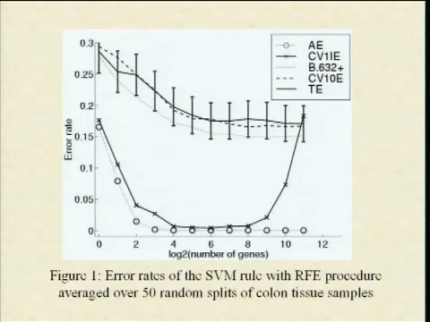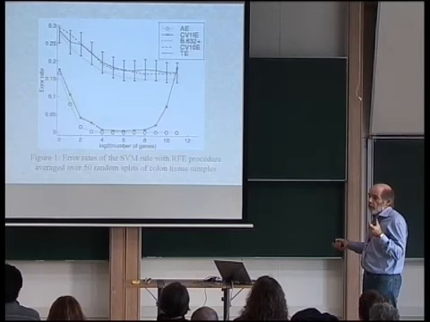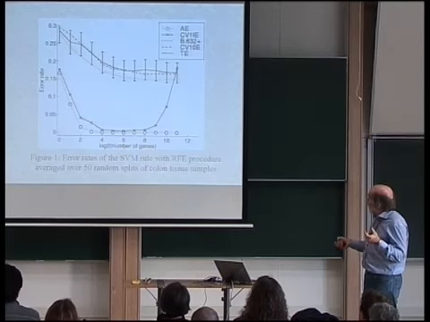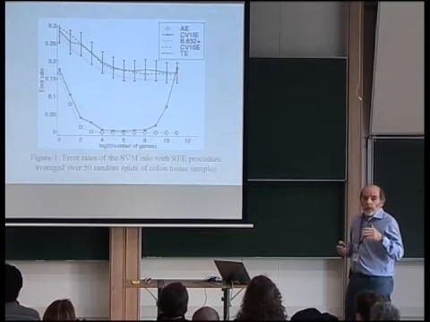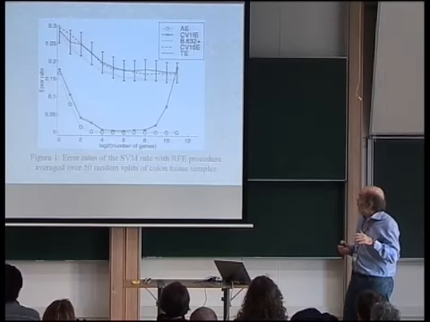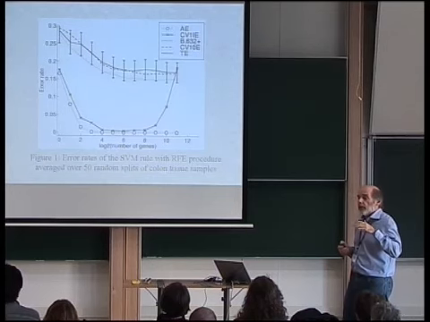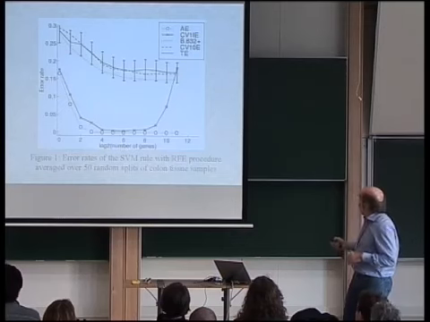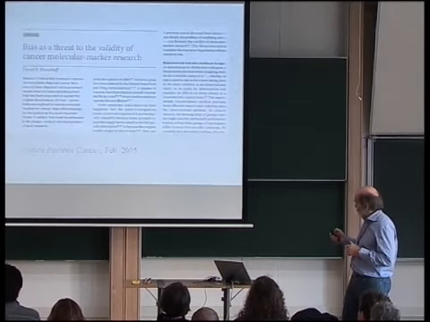So when they try to estimate, say, the error at 2 to the 6, 64 genes, they use those same 64 genes at each stage. Whereas what they should have done when they did their cross-validation was to go back from the start and select the 64 genes again, which may not be the same as the original. And so this is the true error rate. This solid line here was an estimate. So the error rate is not 0. It's more like at least 17%.